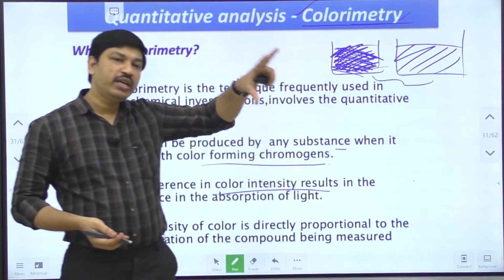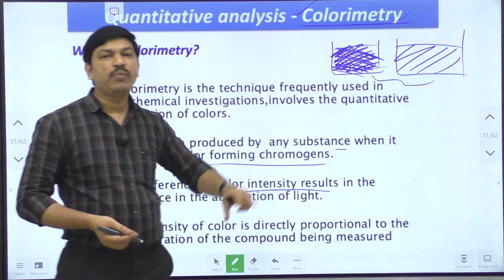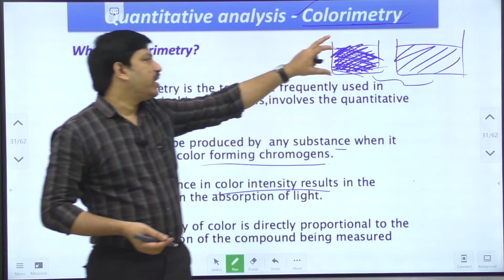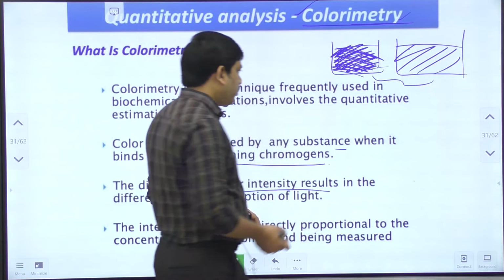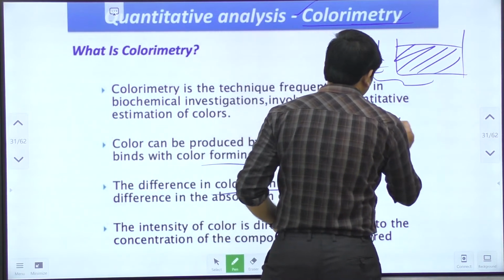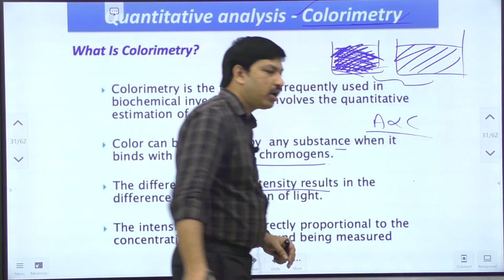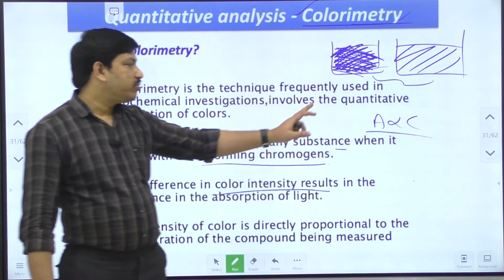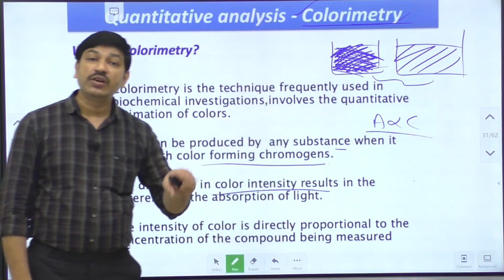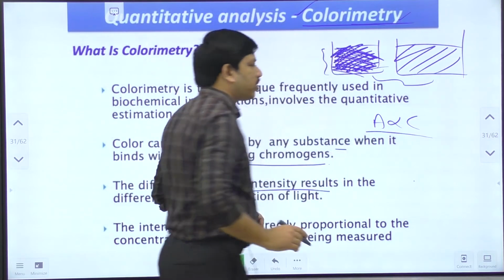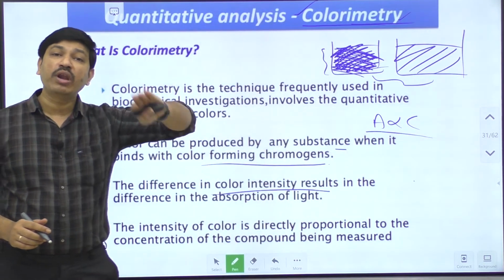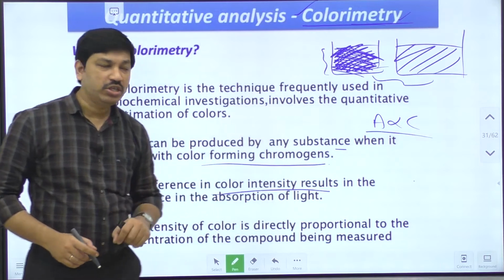If more intensity is there, that compound has more absorption value. If less intensity is there, that compound shows less absorption value. We will discuss the reason for that. The only reason is this relation: according to Beer-Lambert's law, absorption value is directly proportional to the concentration of the unknown solution. A dark color solution means it has more color producing compound.